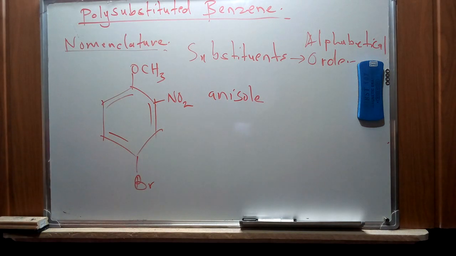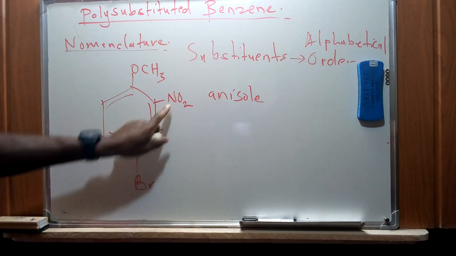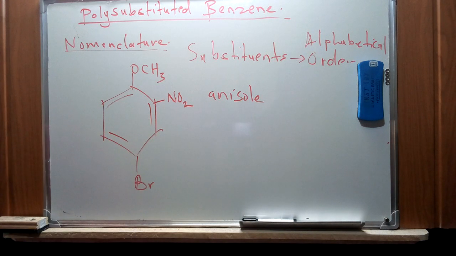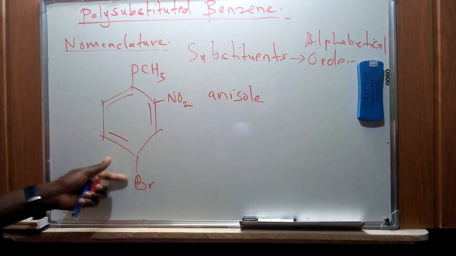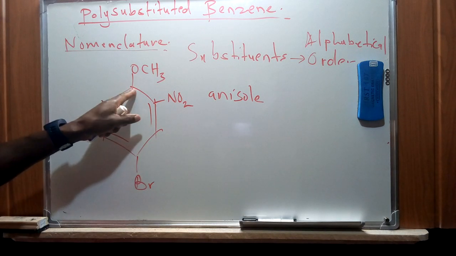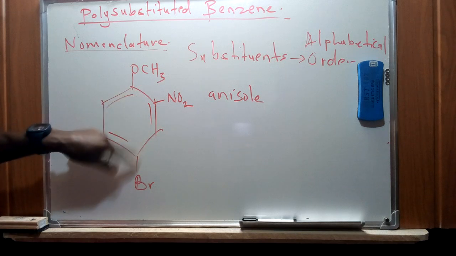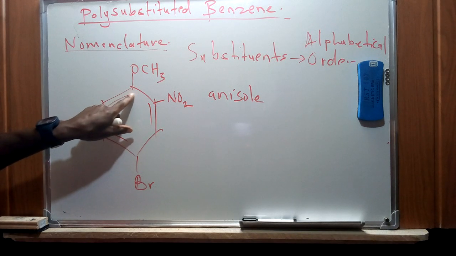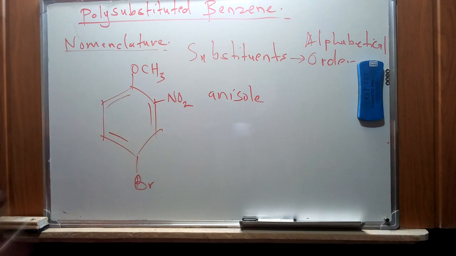So for anisole, of course, when we're trying to look at substitution at different points, we can see that B comes first in the alphabetical order as compared to N, that is appearing at a para position. So in this case, if we count from this point, it's going to be number 4 and 4, but due to the rules of nomenclature, the substituents have to be given the lowest numbers.